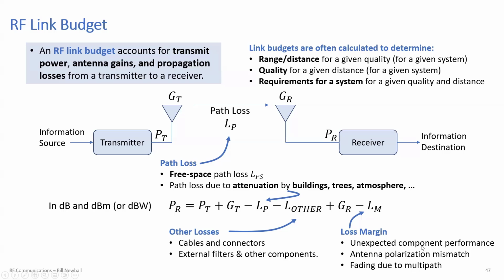Okay, so let's talk about this. I want to get a little bit into multipath fading because, again, I think you've experienced this. If you have a transmitter and a receiver, this could be an FM transmitter, you're listening to the radio in your car, and this is your radio receiver.